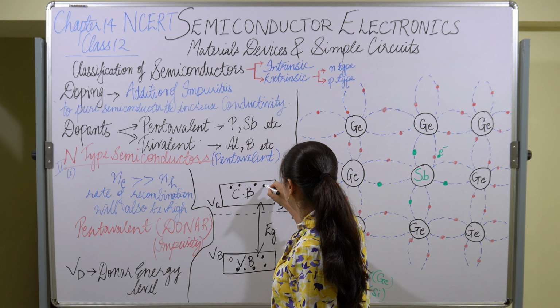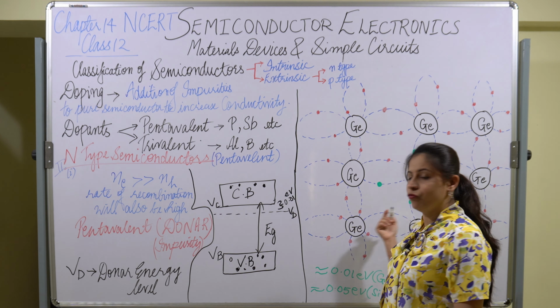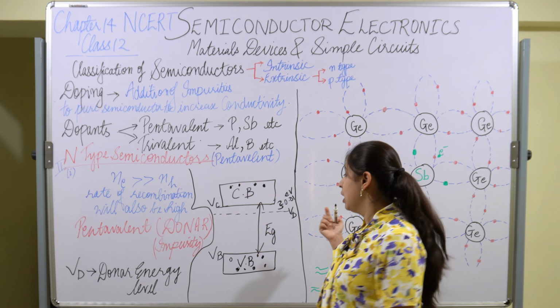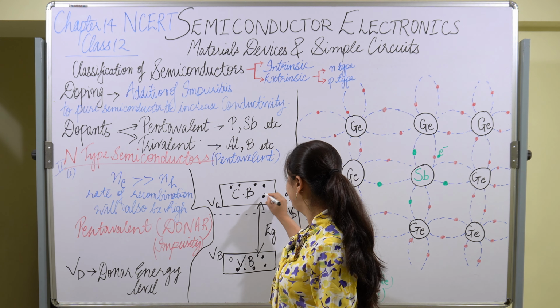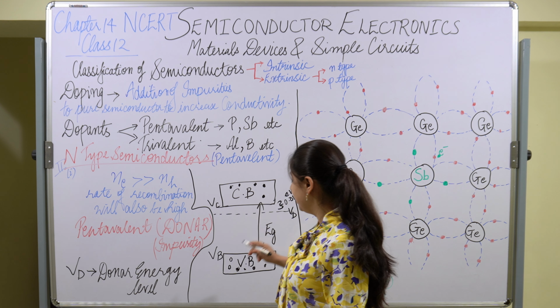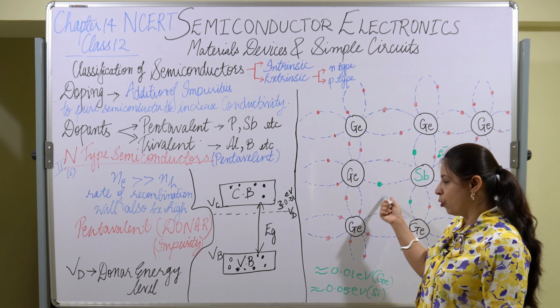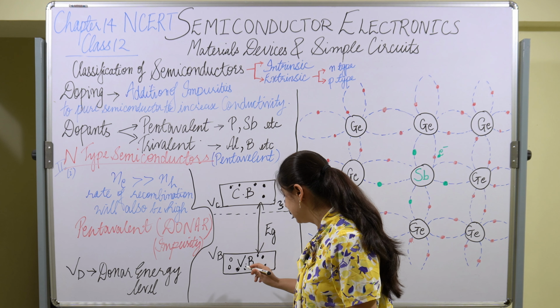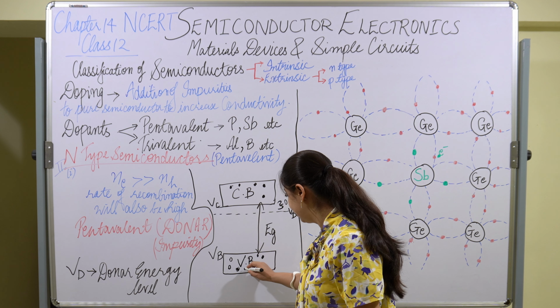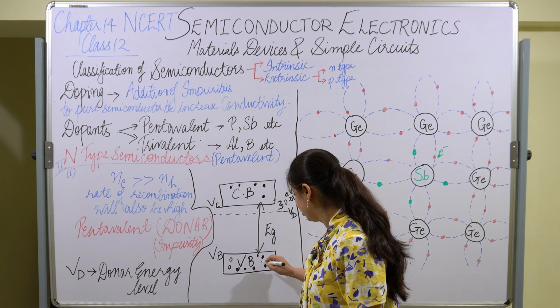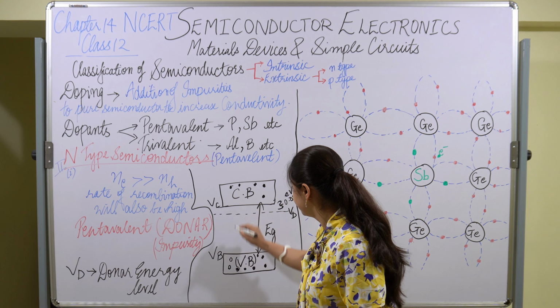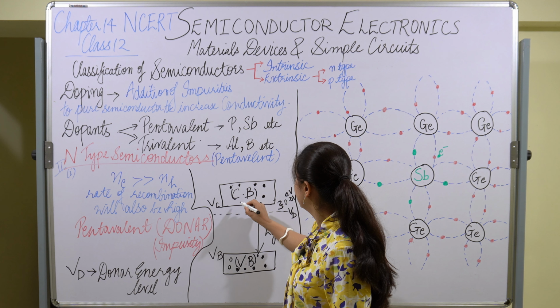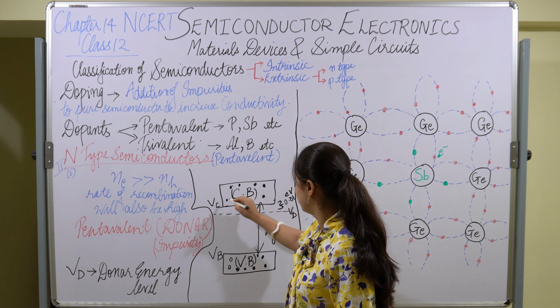Some of the electrons will be from the impurity atom, which are donated by the impurity atom, and some of the electrons will come from the breaking up of bonds, leaving behind the holes.